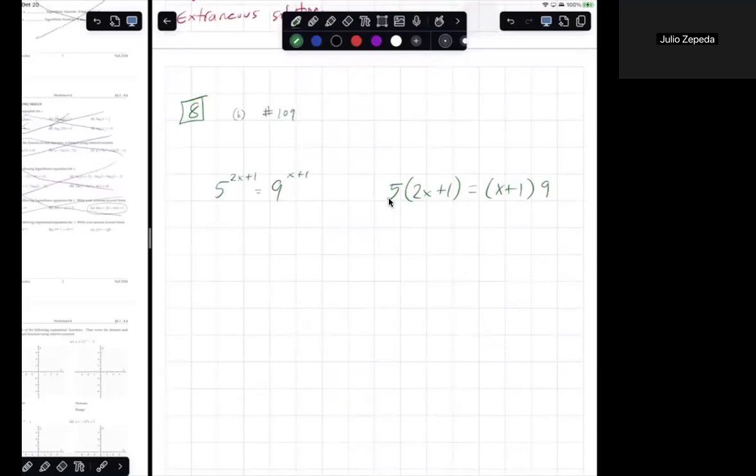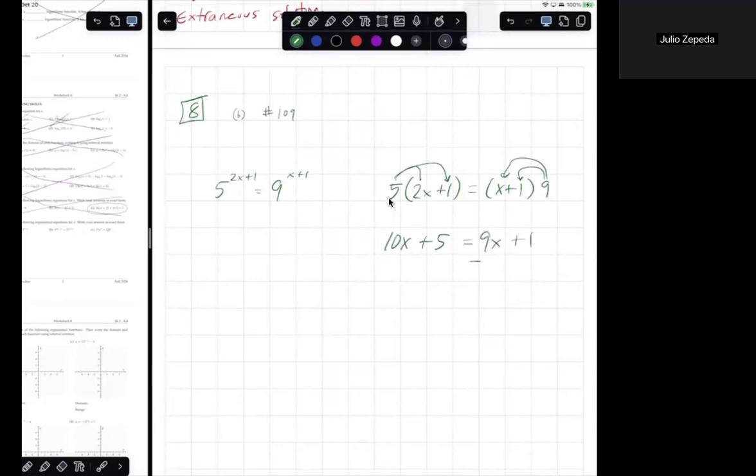Well, how would we solve this? We would solve this by distributing the 5 and getting 10x plus 5 equals, distribute 9, 9x plus 1.